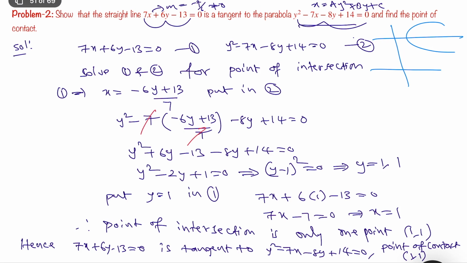Now, if you take any horizontal line, it is going to meet this parabola at a single point, but still this horizontal line is not tangent. That's why first we have to make sure that this line is not a horizontal line. We looked at the slope, which is non-zero, so this line is not a horizontal line. Okay, fine.